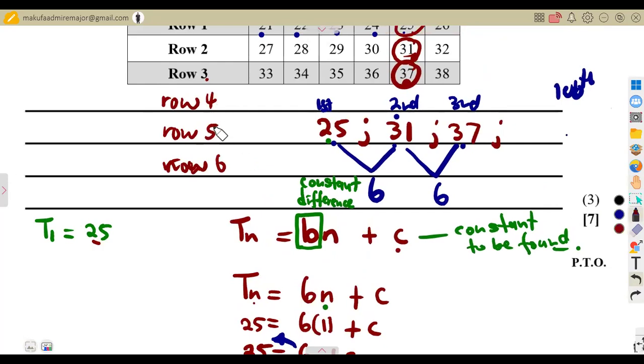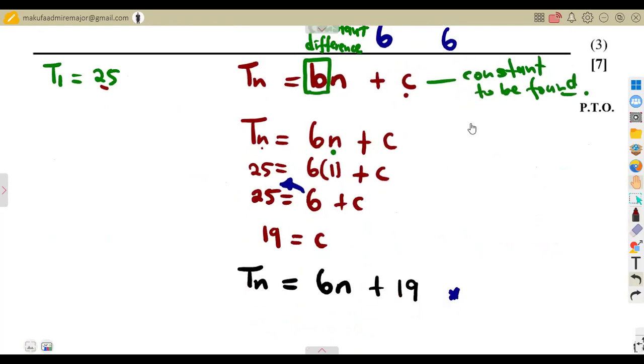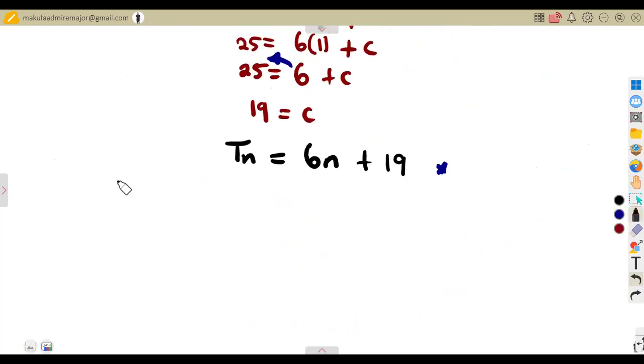Row number 4, number 5, number 6. So as we are at row number 100, what is the fifth number on row number 100?